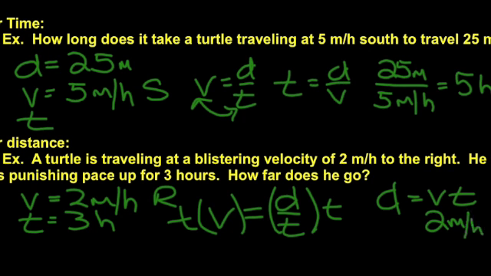Our T is 3. So how far did the guy have to go? 6 meters. And that's the 3 different types of velocity problems that we'll have to do.